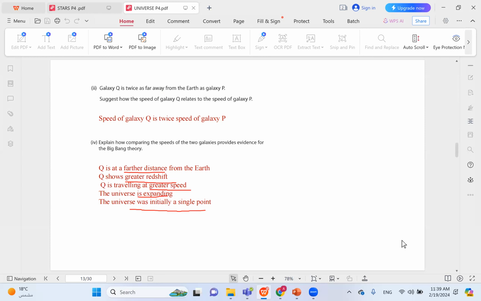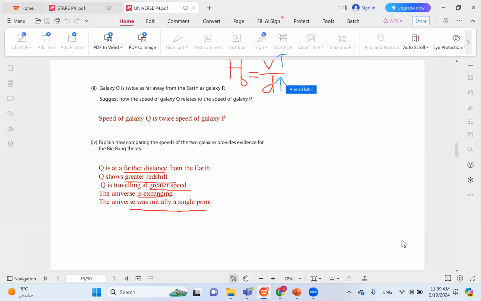And what about the speed of Galaxy Q and the speed of Galaxy P? We are going to study this further later on in this same video. We have something called Hubble's constant, and it relates distance and speed. So H0 equals speed over distance. And this tells us that the greater the speed, the greater the distance.